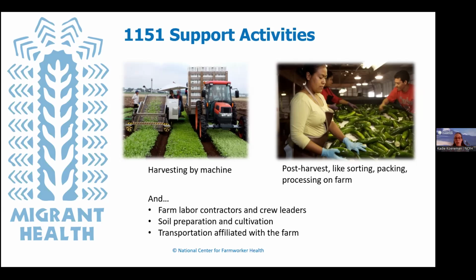And another tricky one, similar to this with the on-farm, off-farm caveat of the definition is for post-harvest packing. So some farms will have packing houses on site, and then some farms will send their crops to a packing facility. So if the packing house or facility is on the farm's property, it is owned by the farm, all of those workers are considered agricultural workers.